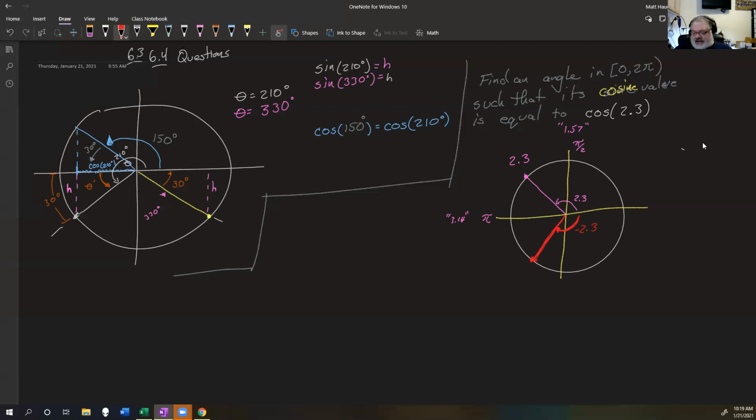Okay, so we could technically say that negative 2.3 radians is another angle such that the cosine values match, but negative 2.3 radians isn't in that first rotation. So we do have to do a little bit more here, because we essentially want this angle.